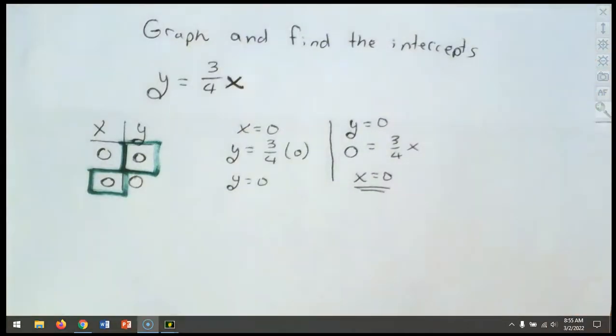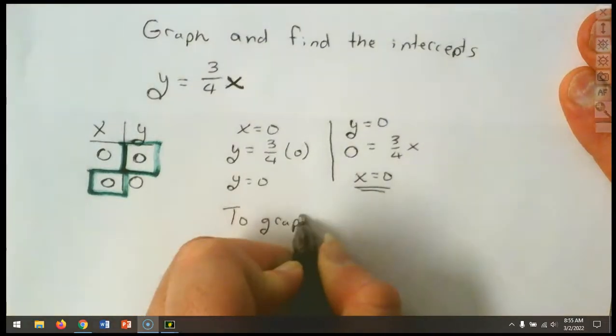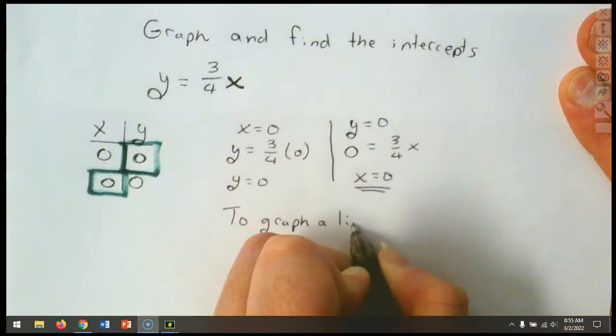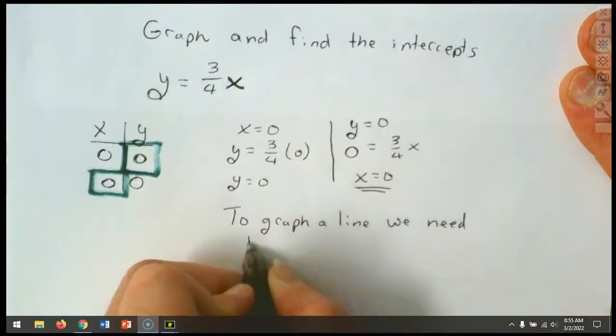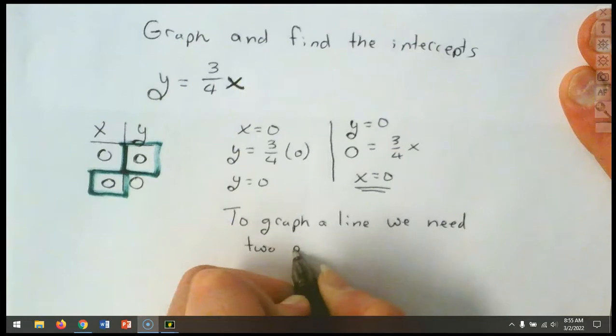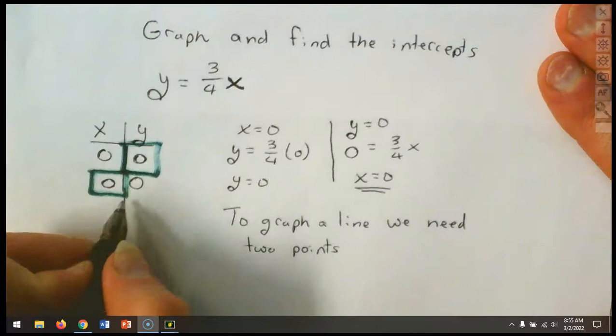Okay, so what's the problem here? Well, the problem is to graph a line, we need 2 points. So I'm going to add in another point to our table here.